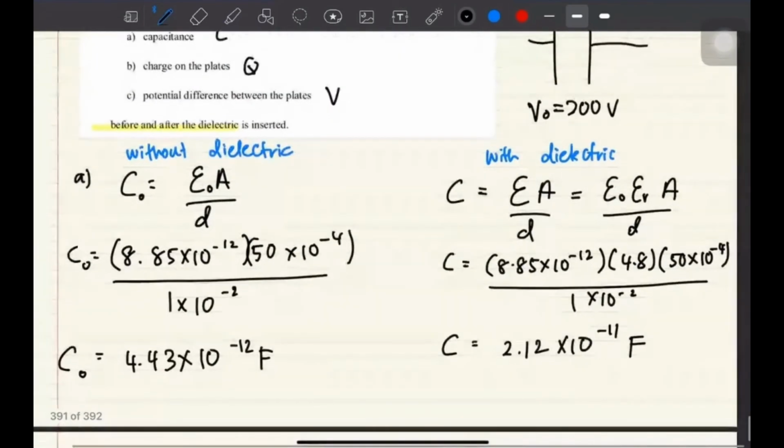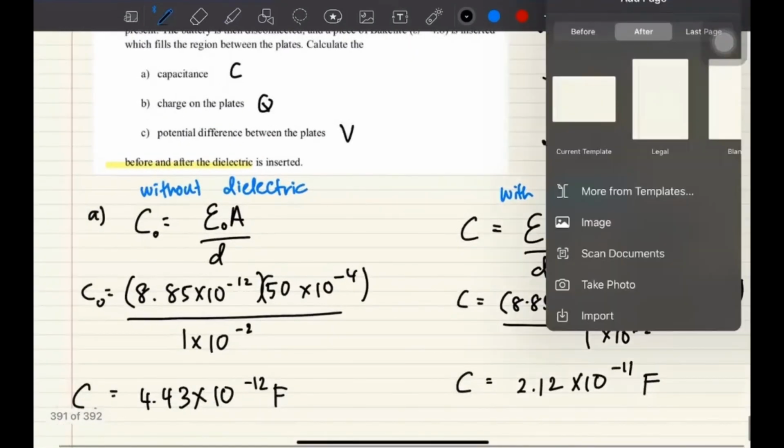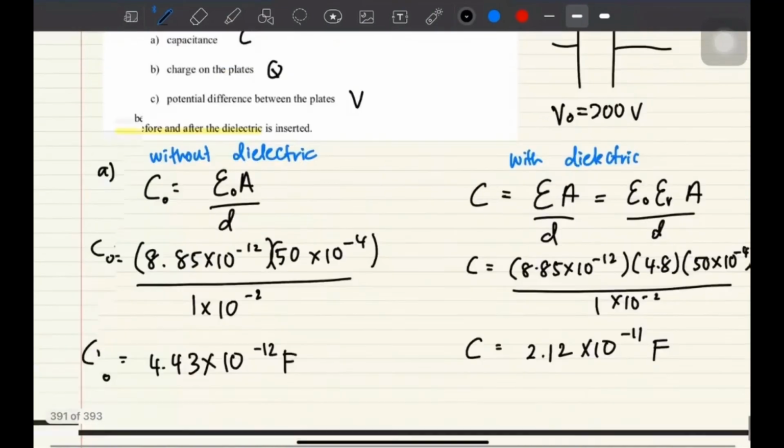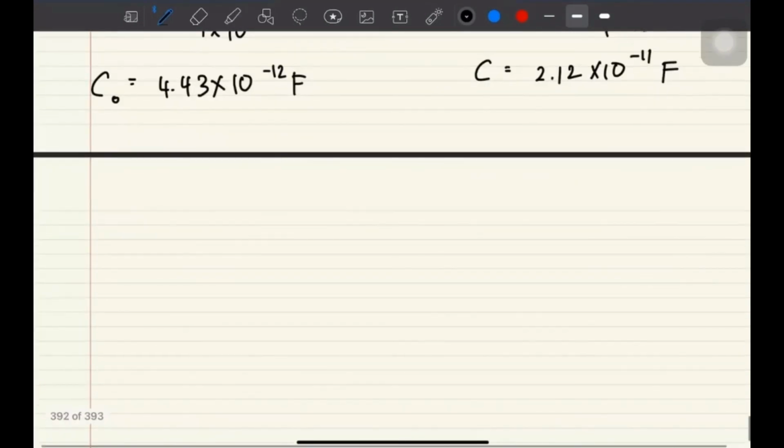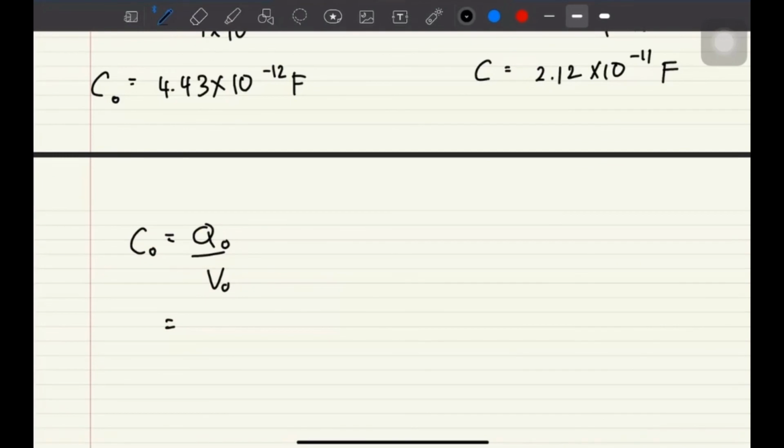Question B dia kata charge on the plates. Okay, the charge on the plate, you can use the formula C equals to Q over V lah. So if I want to use C equals to Q over V, I can use C naught equals Q naught over V naught. So saya cari Q naught sama dengan C naught darab V naught.